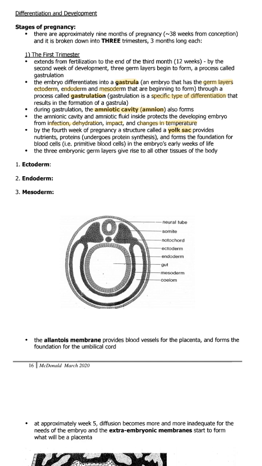And then the 3 germ layers that are arising in the embryo itself are the ectoderm, endoderm, and the mesoderm. The ectoderm gives rise to the epidermis, which is also the skin. So skin cells come from that layer, and the nervous system.